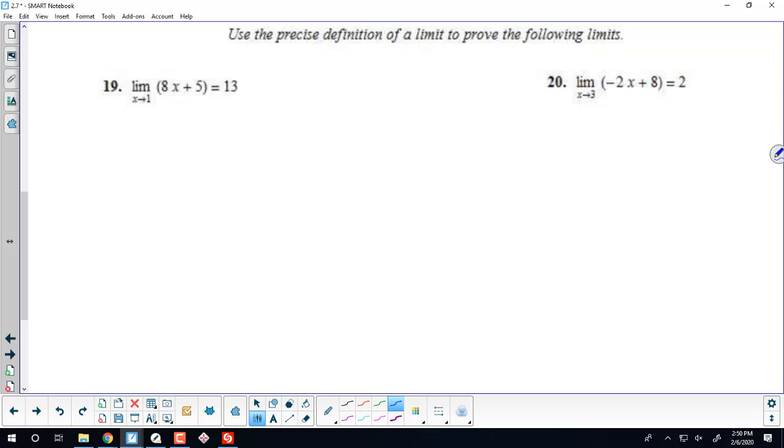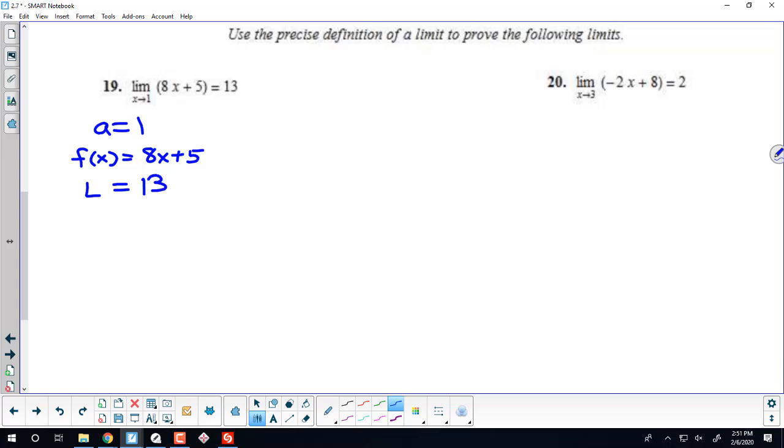So it says use the definition of the limit to prove the following limits. The limit as x approaches 1 of 8x plus 5. From that, I'm going to say, all right, well, my a is 1 on the function 8x plus 5. F of x is 8x plus 5, and L is equal to 13.